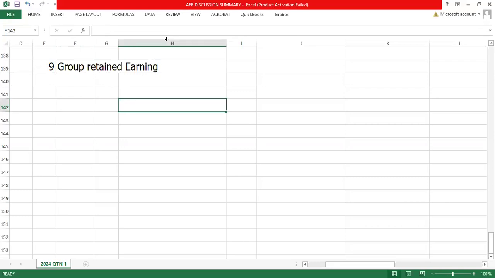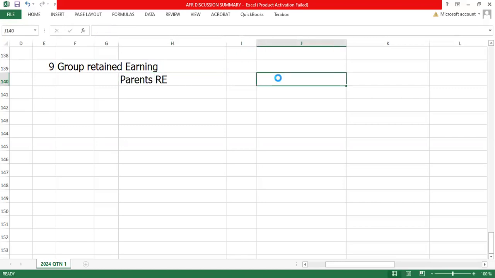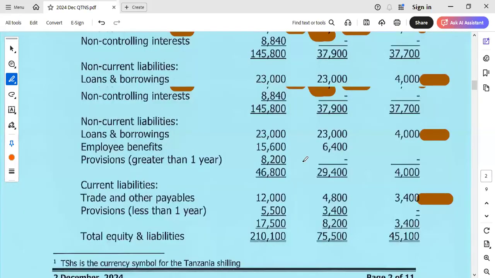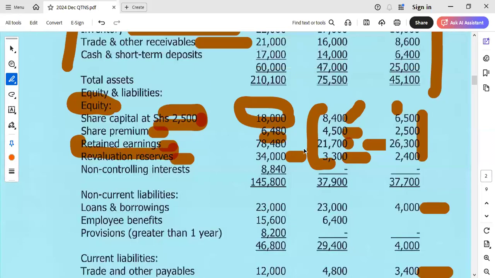Here you start with the parent's retained earning. What is the parent's retained earning from the question? Are you seeing this? 78,480.